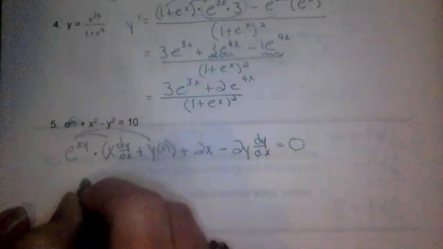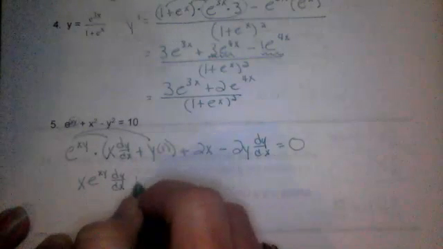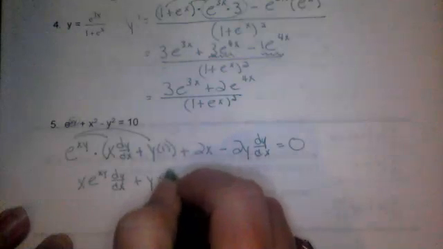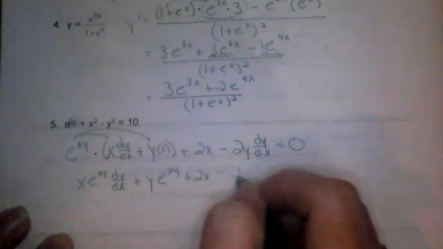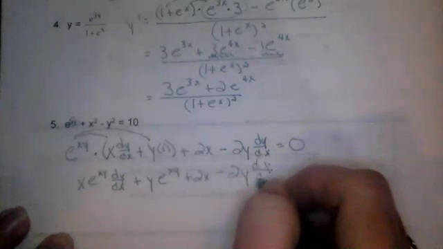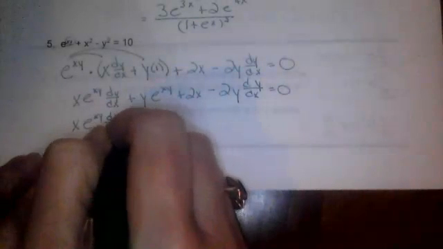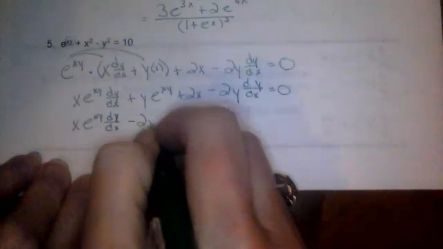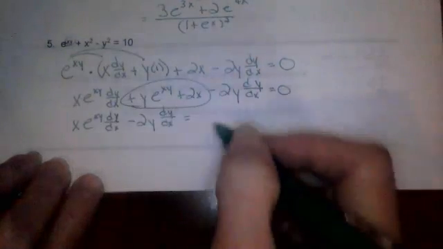All right, so we're going to go ahead and distribute here. We have x e to the xy dy dx plus y e to the xy plus 2x minus 2y dy dx equals 0. I need to put my dy dx's on the same side, so I think I'll just leave those on the left. Minus 2y dy dx, and move these other two over here to the other side.